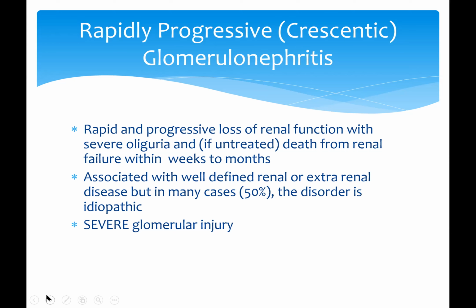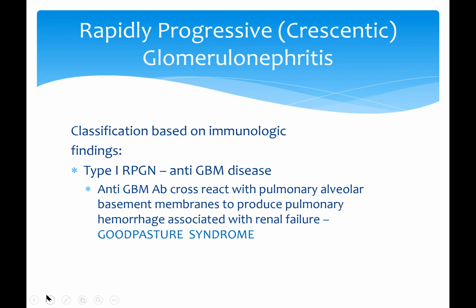That is the reason why it is called crescentic. The proliferation of the epithelial cells lining the Bowman capsule and infiltration of monocytes and macrophages is the reason why it is otherwise known as crescentic glomerulonephritis.